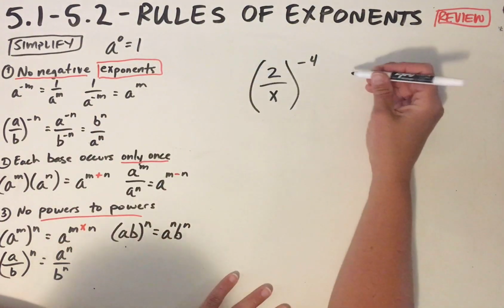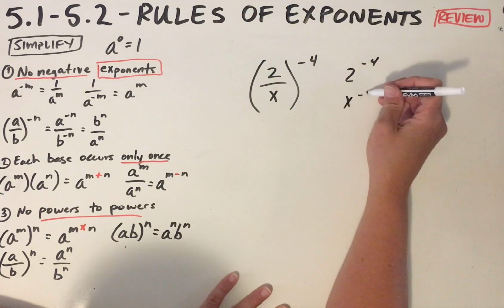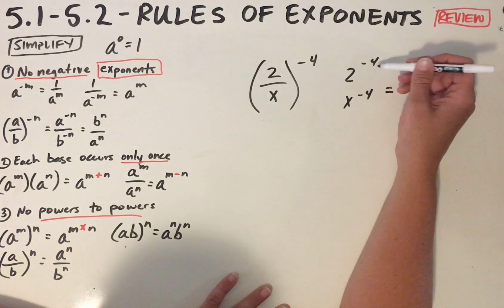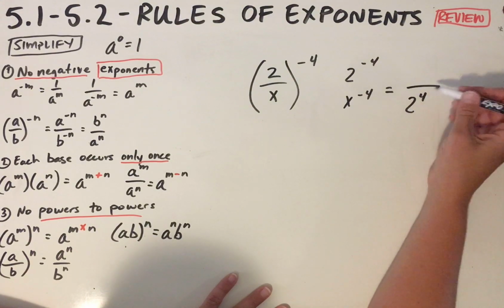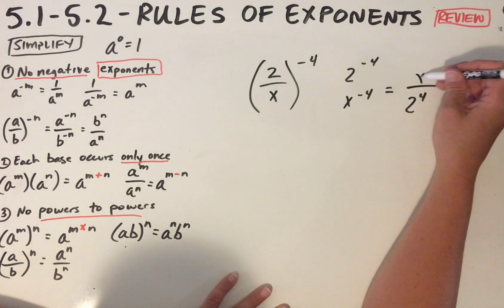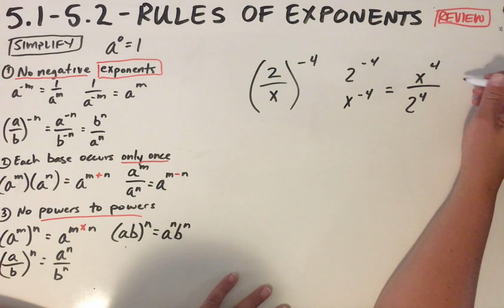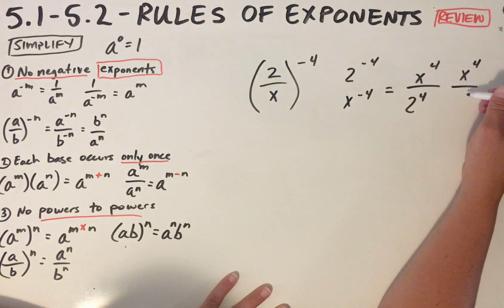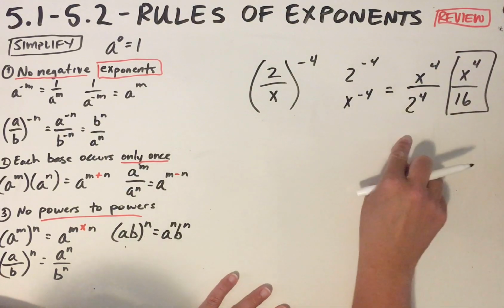This is the same thing as saying 2 to the negative 4th and x to the negative 4th, which is the same thing as, well, if this 2 is being naughty, or the negative 4, then I need to put that downstairs, and the 4 becomes positive. And if this x is being naughty, then it needs to go upstairs. And now it's being positive. This will be x to the 4th, and 2 to the 4th, or 2 times 2 times 2 times 2 is 16. Beautiful.